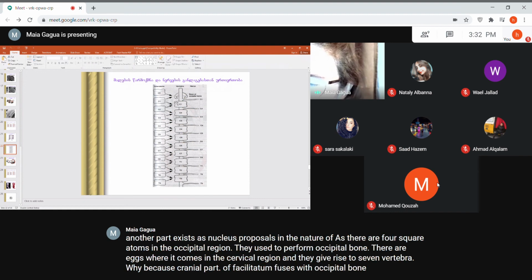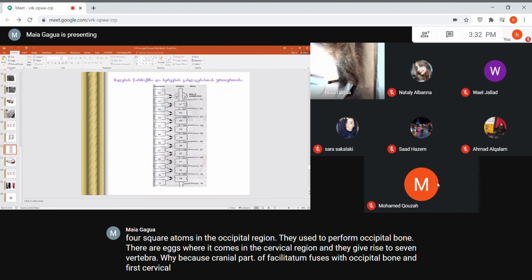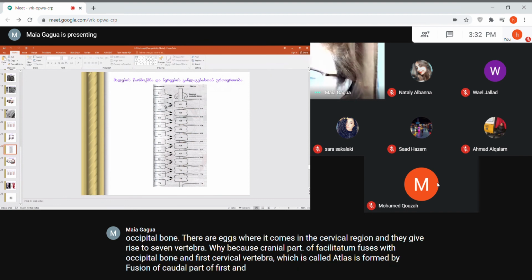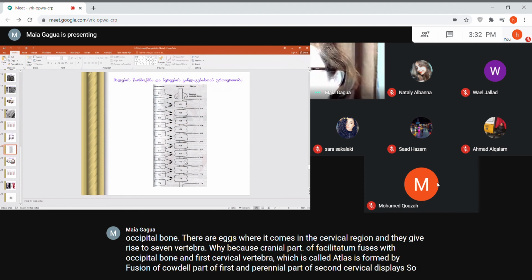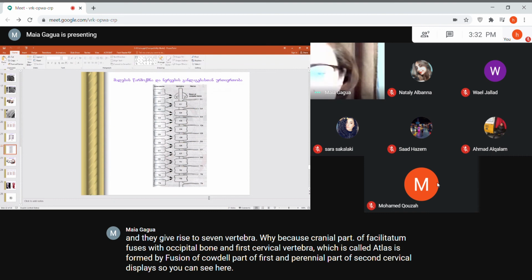And first cervical vertebra, which is called atlas, is formed by fusion of caudal part of first and cranial part of second cervical sclerotome. So you can see here vertebra and spinal nerve.